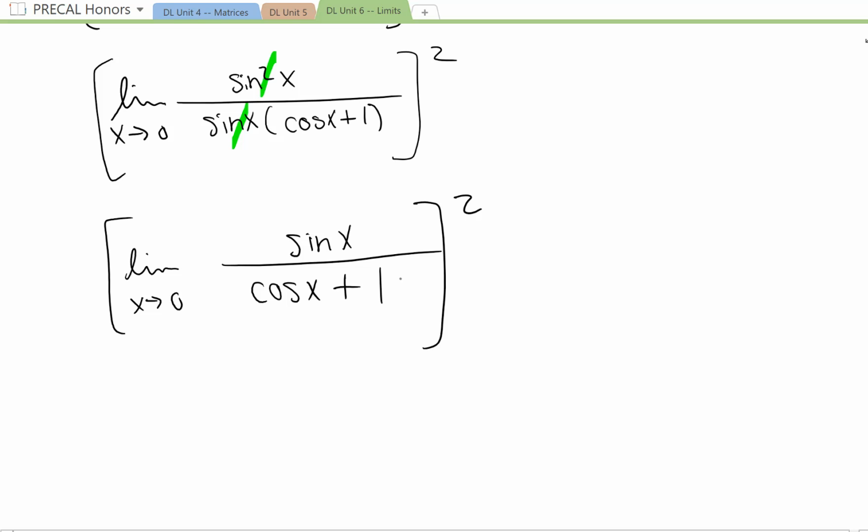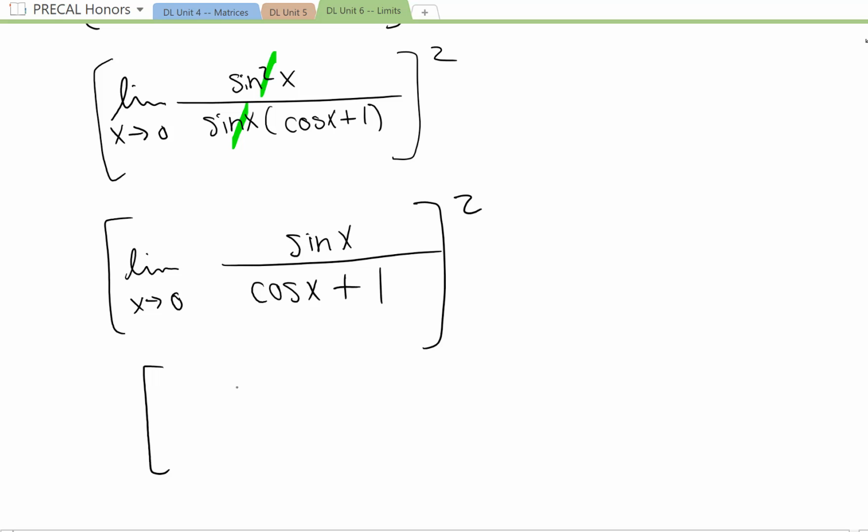And at this point, I'm thinking, there is not going to be a way that I can turn this into one of the special forms. But the special forms are just there to help us. We don't have to turn it into a special form. We just have to manipulate it enough so that direct substitution works. And guess what? You've done that.